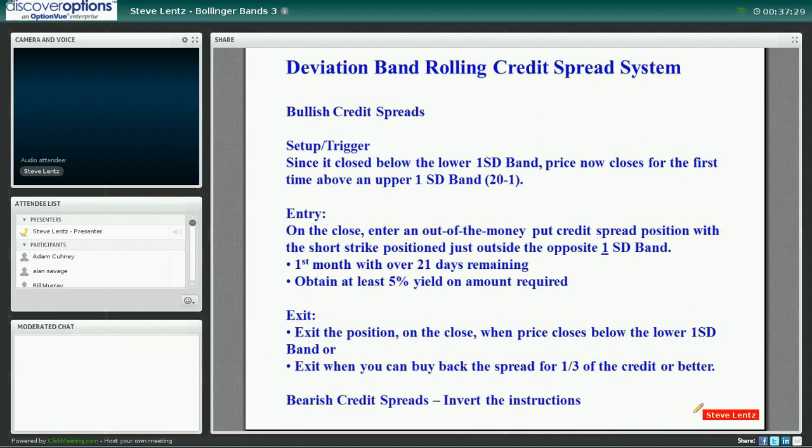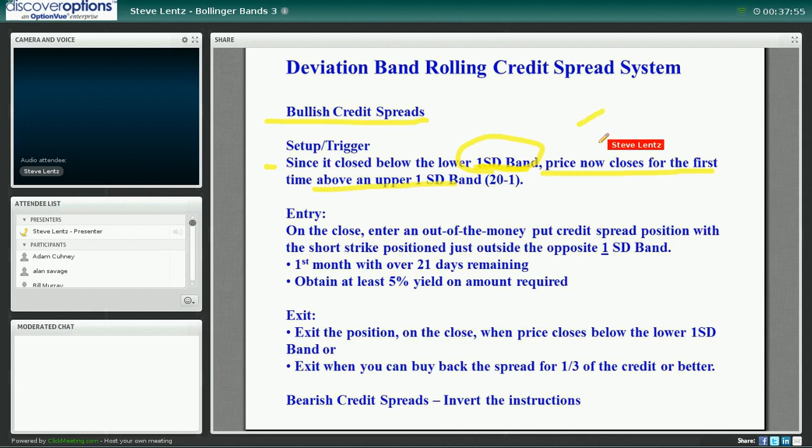So here are the trading rules. Let me walk you through this a bit. Similar to last time, with some big differences. In the case of a bullish spread, price closes below the 1 standard deviation band. It now closes for the first time above the 1 standard deviation band, right?